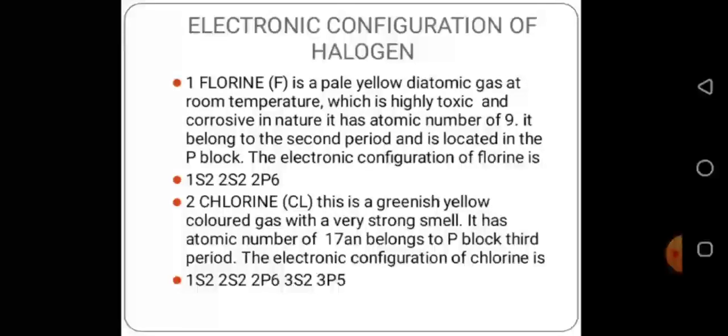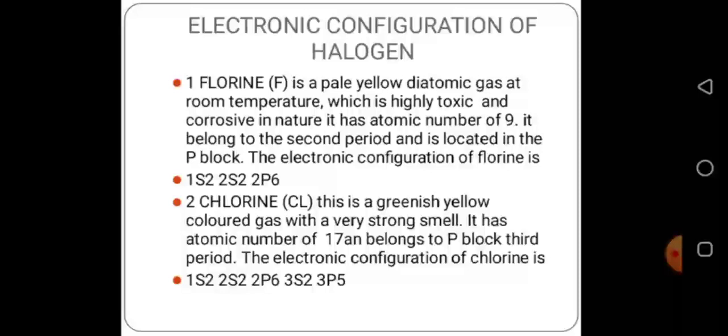It belongs to the second period and it is located in the p block. The electronic configuration of fluorine is 1s2, 2s2, and 2p5. Sorry, here it is 2p5.